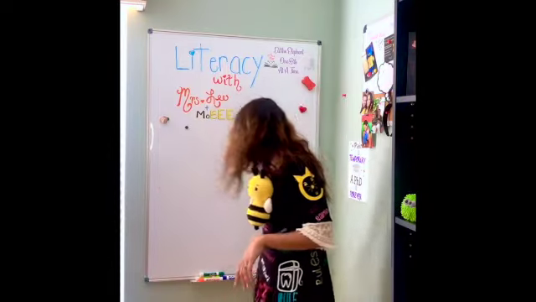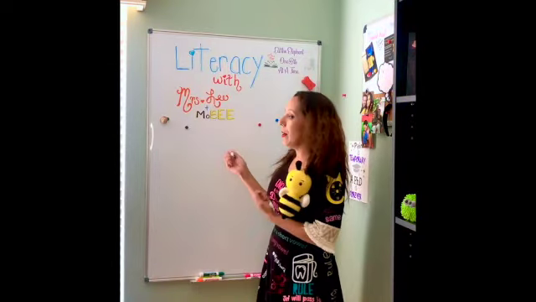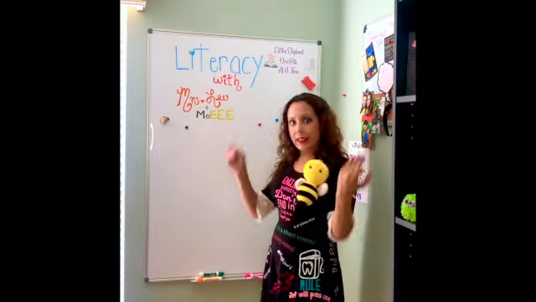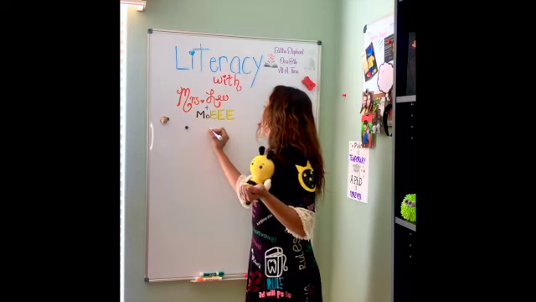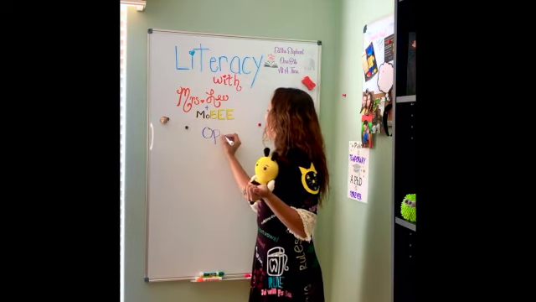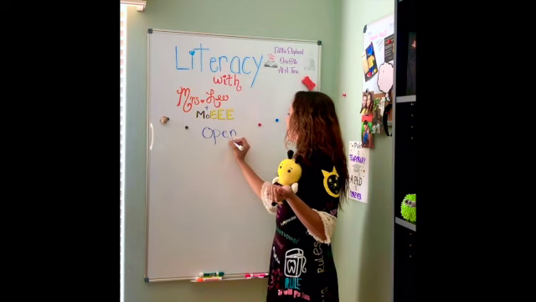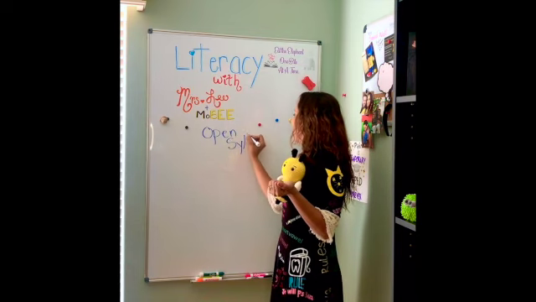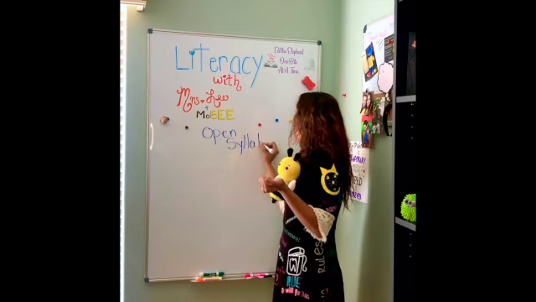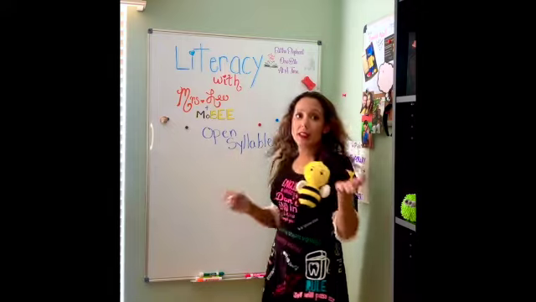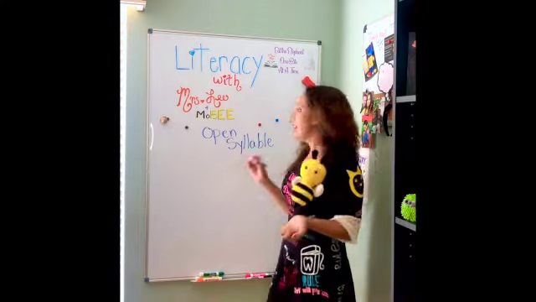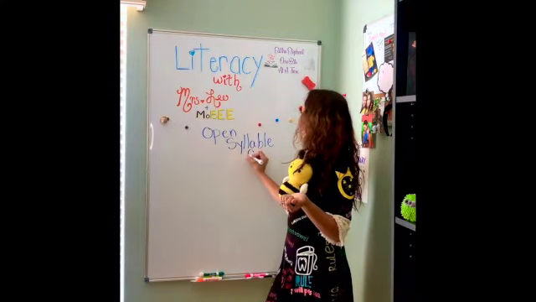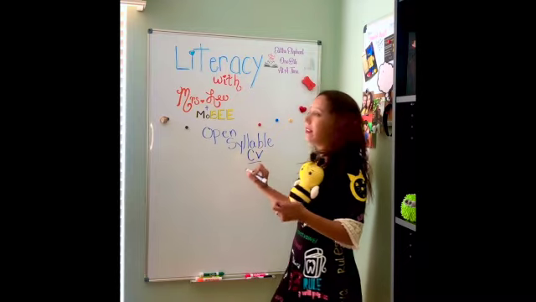Well, hello boys and girls. Welcome back. So today we're going to be learning about the open syllable type. Open syllable, or in some cases you might see it as consonant vowel type, a CV.